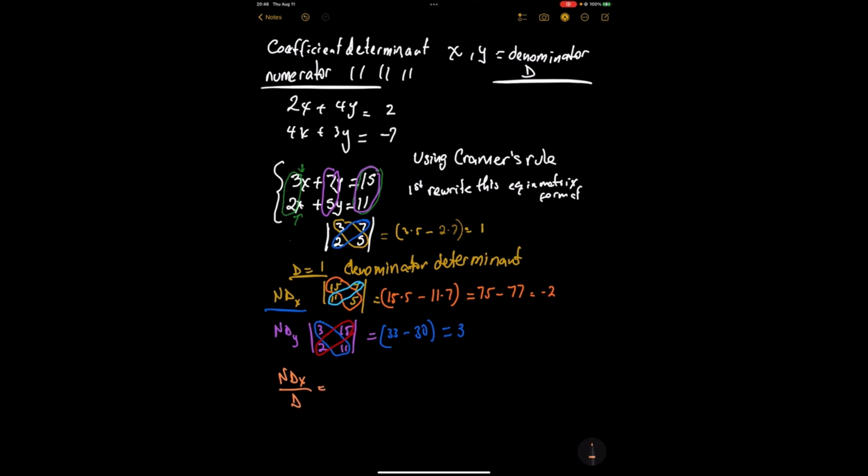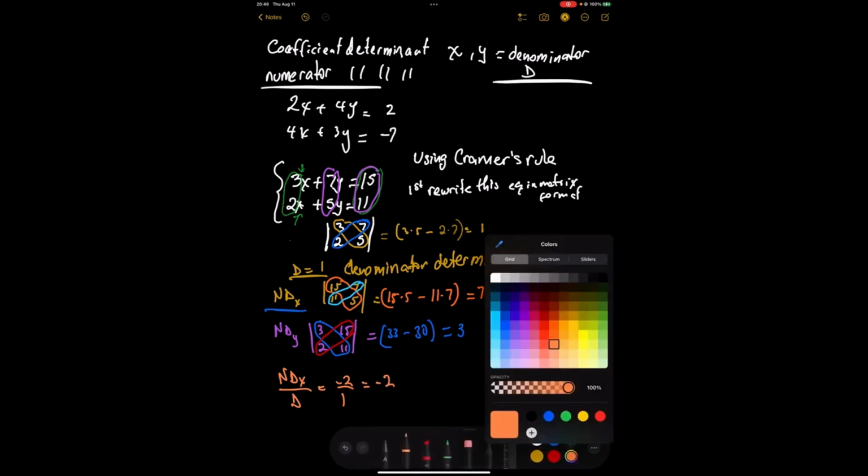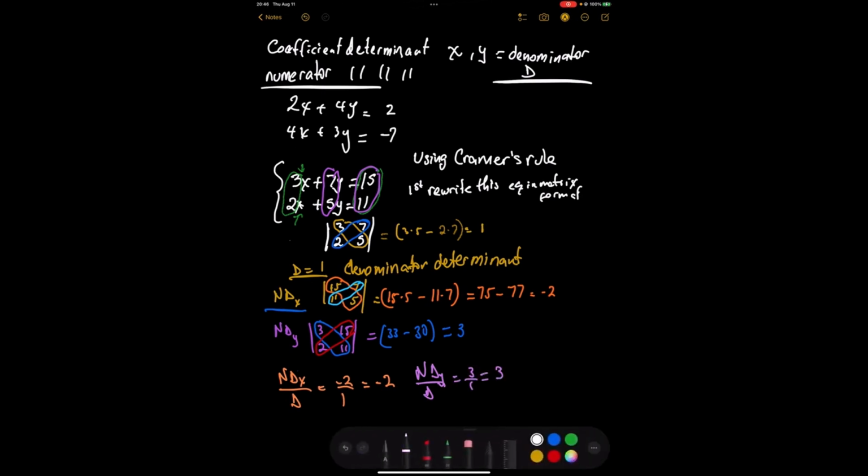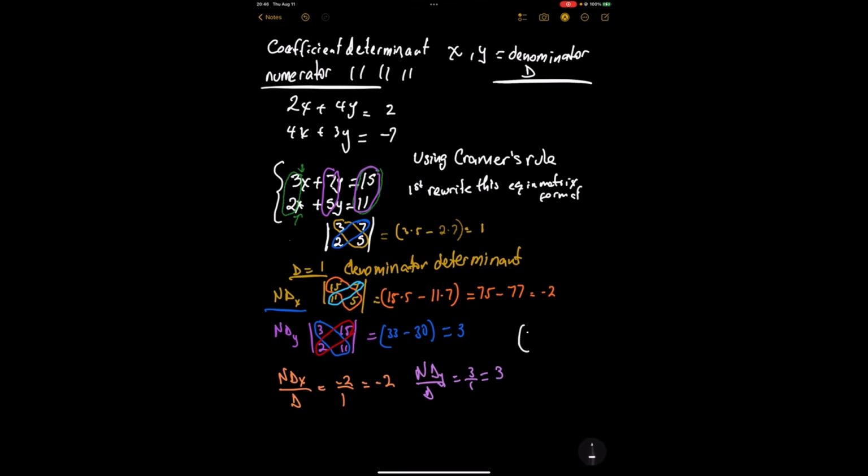That would be equal to negative 2 over 1, which is equal to negative 2. And we're going to do NDy over D, and that will be equal to 3 over 1, which is equal to 3. That means the solution is negative 2 and 3. And this is the solution for this linear equation right here.